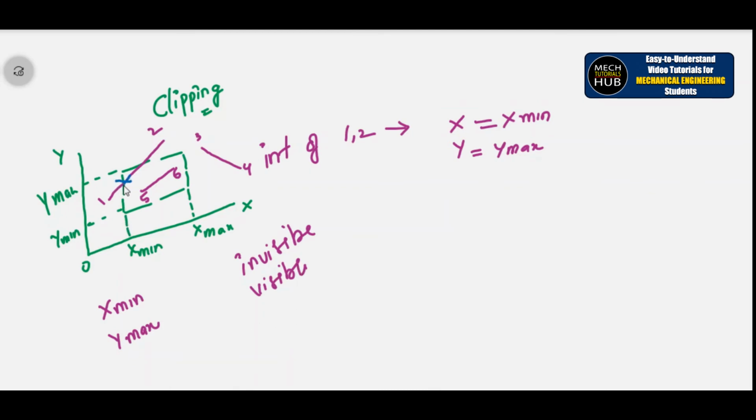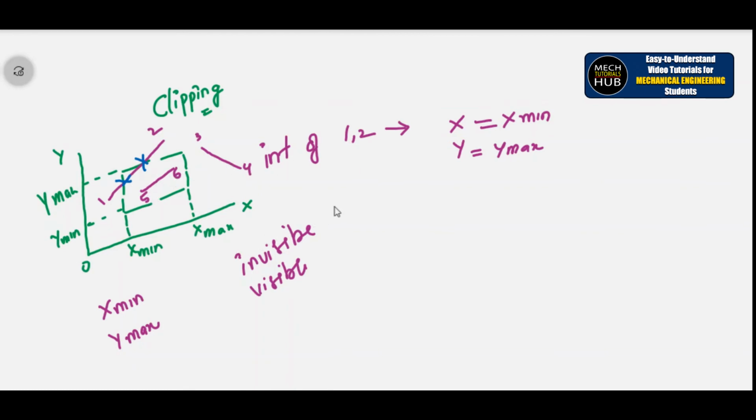This is the intersection point, this is 1, this is number 2. With this information, it will store the information and calculate the intersection of that particular point. This intersection has to be calculated for the line which is actually cutting or in touch with the window.